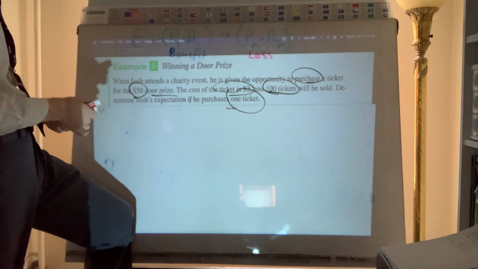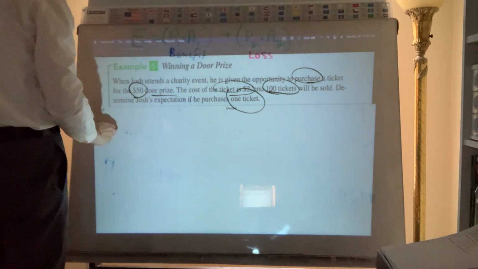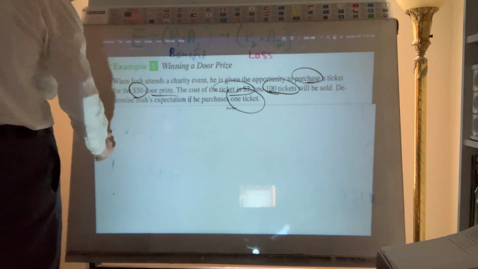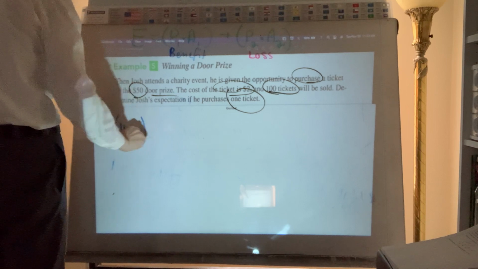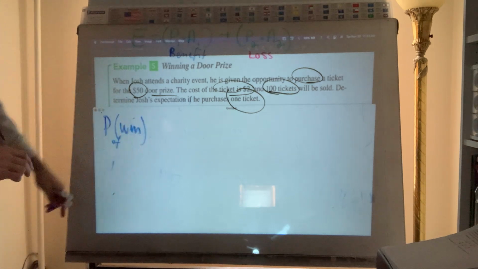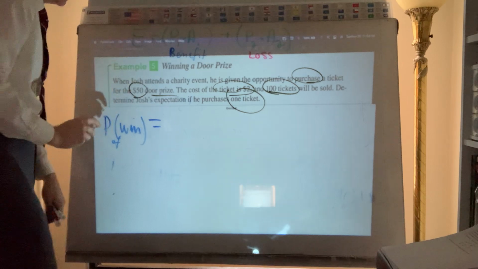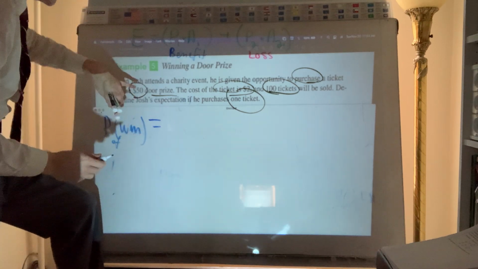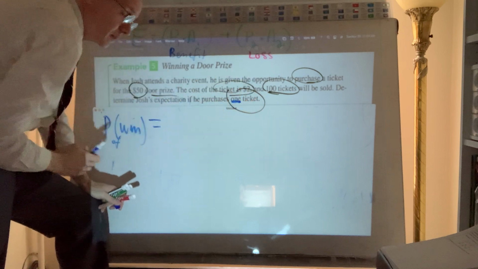Okay? In this case, let's consider the probability of the benefit term. The probability of winning, if you like to put the word of to remind you, that's how you read parentheses, is of and then what are the contents of it. It's still 100 tickets. The person is still purchasing 1.